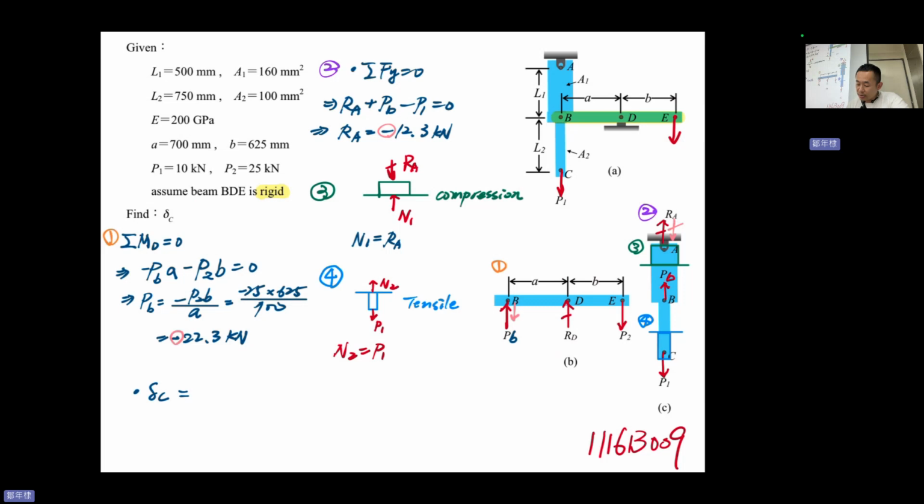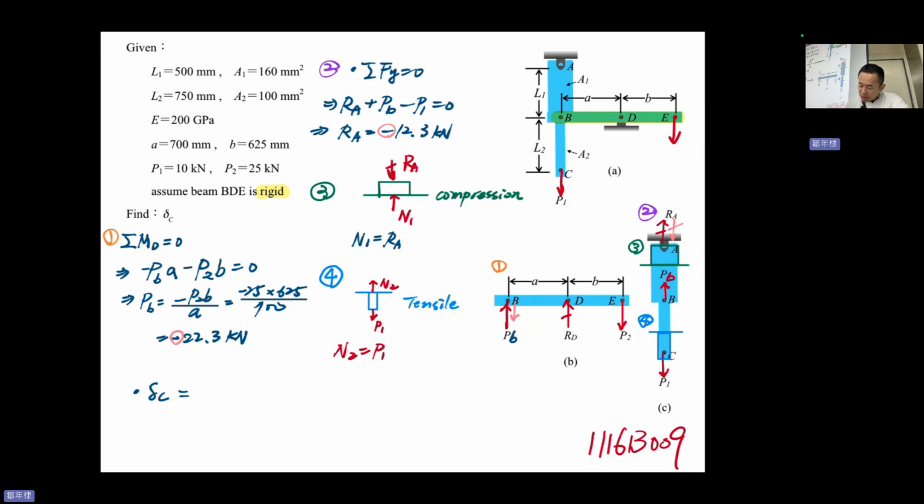Firstly, we need to obtain the force at point B. Because everything in this system is in equilibrium and does not move, we can cut it, separate the two components, and calculate the force individually.